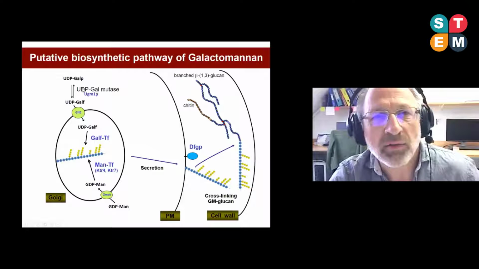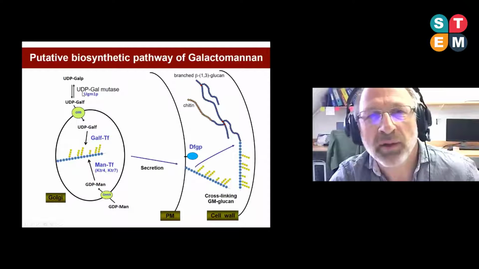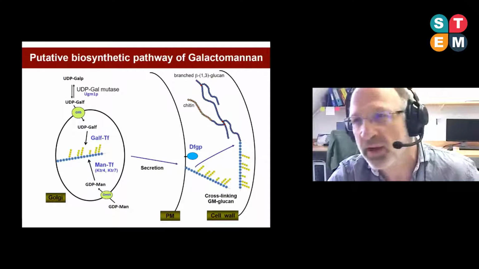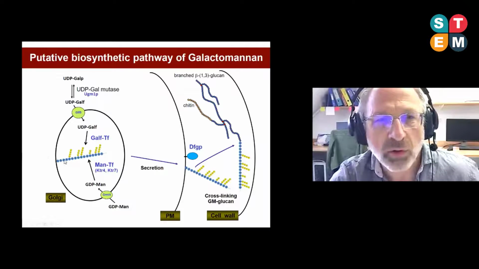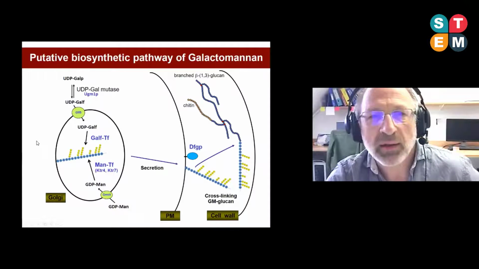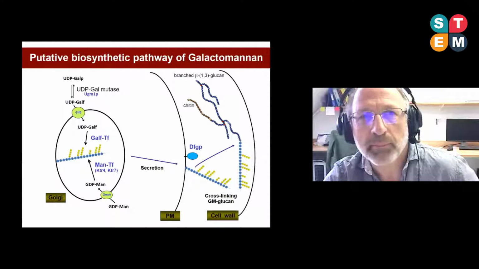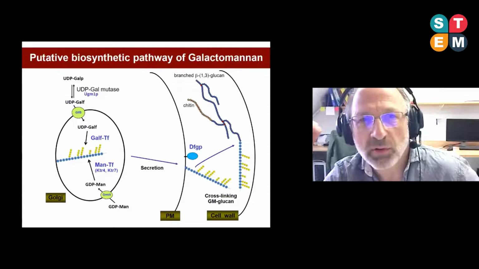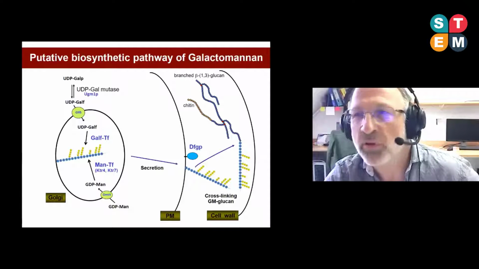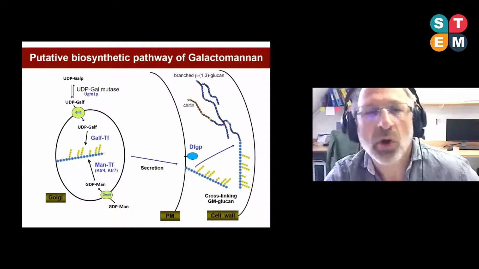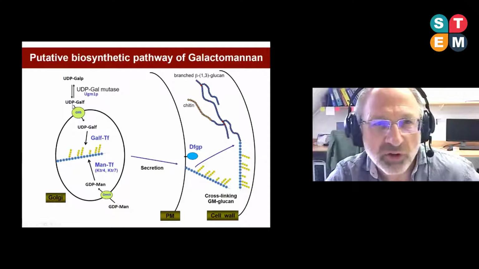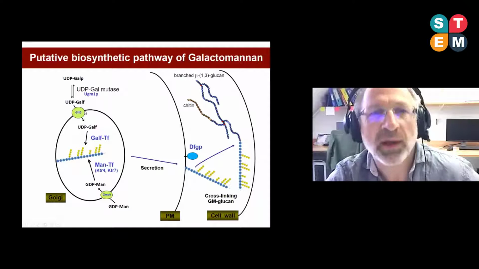The UDP galactofuranose is produced by the enzyme UDP galactopyranose mutase, and the absence of UGM1 leads to the absence of galactofuranose on the Mannan chain, showing that galactofuranose is not required for the polymerization of the Mannan chain.